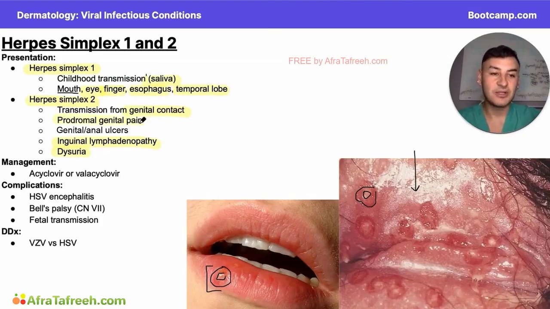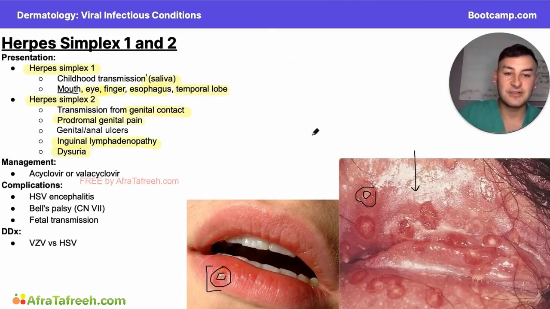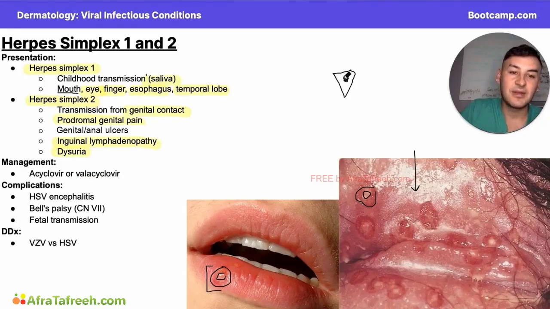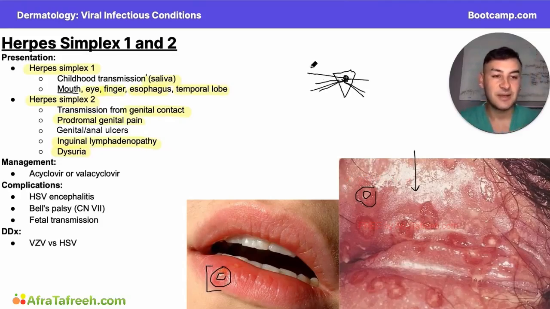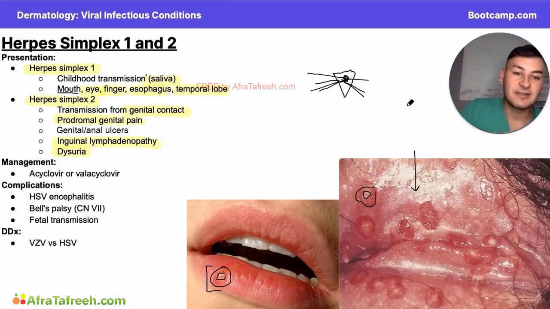So I want to draw some pictures now and describe this interesting constellation of symptoms, okay? So here I'm going to have a focal point of what is going to be my sacral ganglia, okay? So here is my sacrum, and we know that the sacral ganglia pop out here, and they innervate all the structures in our pelvic region, okay? So when herpes simplex 2 infections are happening, just like in VZV, we have a cytokine release as the virus is coming out.